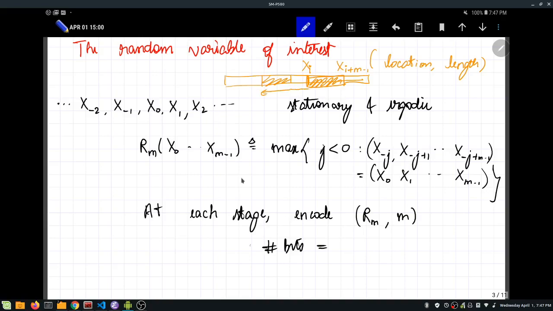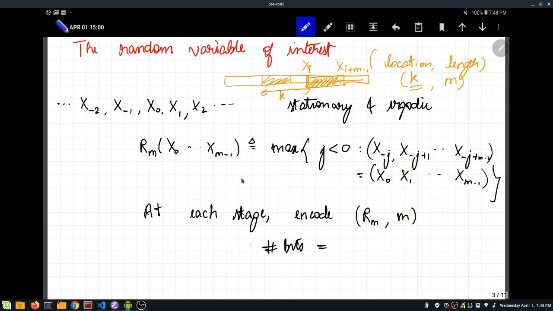It is this distance that we are interested in, because of the magnitude of this distance, or how far behind. Let's say that this is k, then the location is going to be k, and the length is going to be m. This is going to be the encoding of this particular phrase. And the larger the k, the more bits you require in order to encode it.